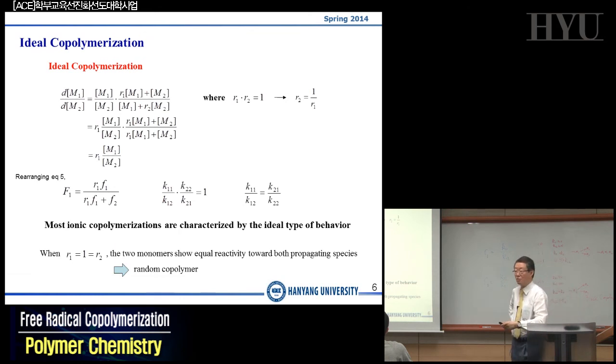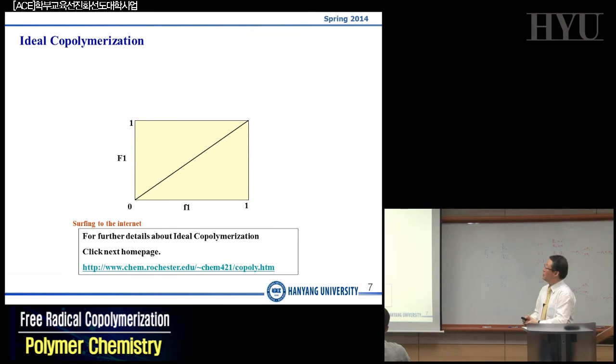Any questions so far? Okay. Now, when you have ideal copolymers where R1 times R2 is equal to 1, in this case R1 might be 1.5 and R2 might be, let's say, 0.1 or 0.2.